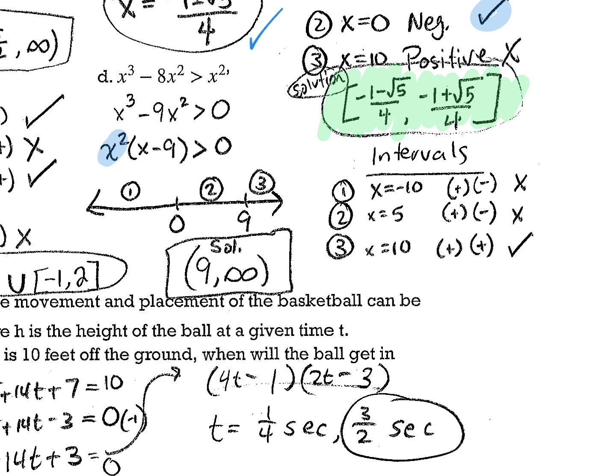So we're always going to get a positive for our first factor, x squared, and then x minus 9 could be different. When I plugged into all three intervals, the only one that did satisfy the inequality was my third interval. That third interval starts at 9 and goes to infinity, and because we had a greater than symbol, we use the rounded parentheses.